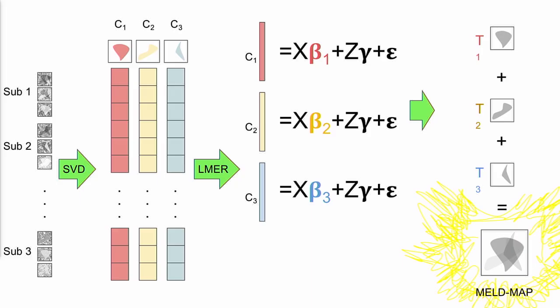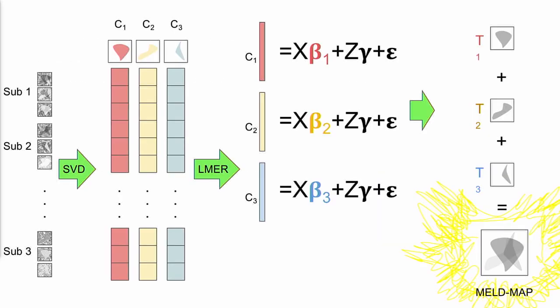Again, the time for computing MELD is going to scale with the number of subjects. Time for computing a voxel-wise mixed effects model is going to scale with both the number of subjects and the number of features that you're trying to model. So we get the parameter estimates from component-wise mixed effects models run with LME4, and then we can reverse the singular value decomposition, or go back through the singular value decomposition, and project those from component space back into feature space.